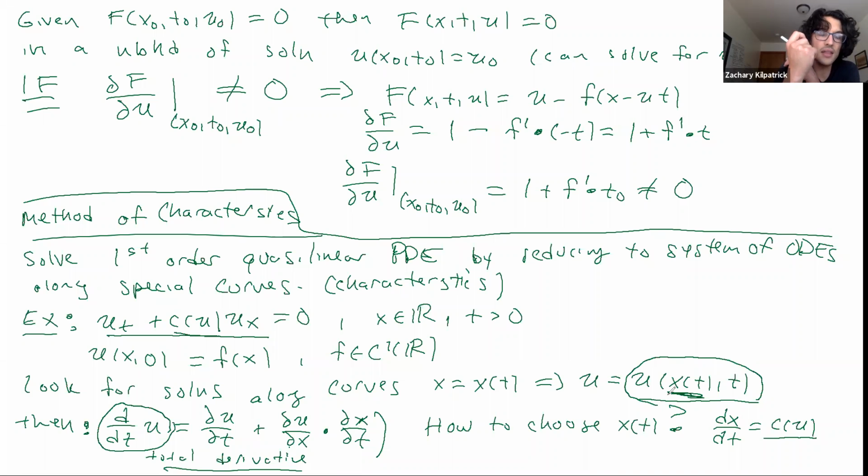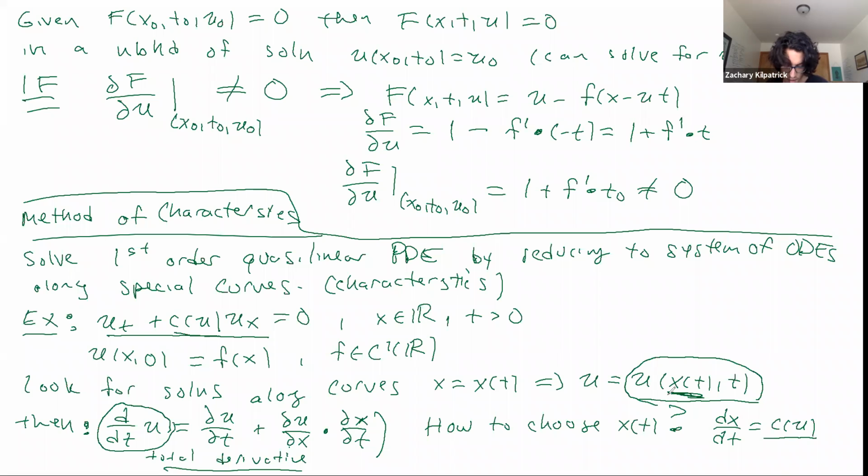But I'm going to say that the way I'm going to construct my solution is I'm going to look along these lines, okay, x of t, where each value of x is associated with a particular value of t. Okay. So it is a way of reducing down to a single independent variable, but the original PDE had two independent variables. Okay. All right.